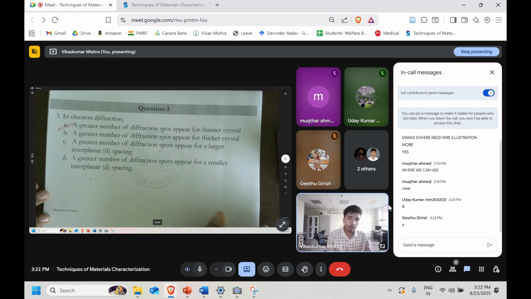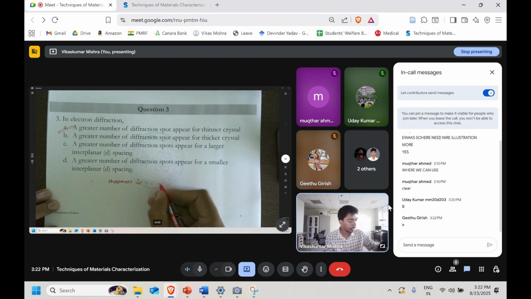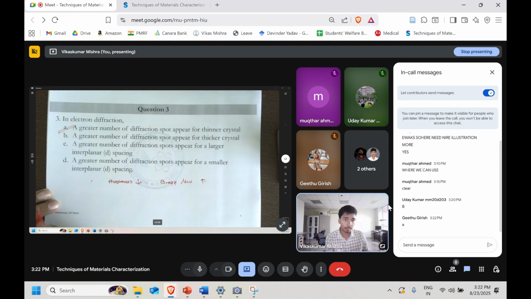So we also found the reason for that. If the thickness is decreasing, the relaxation in the Bragg's law will increase.